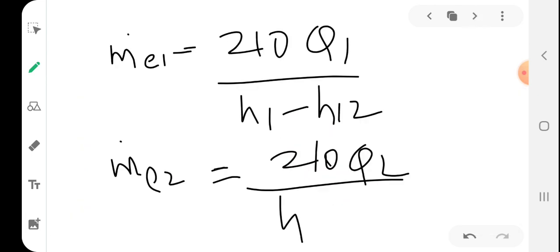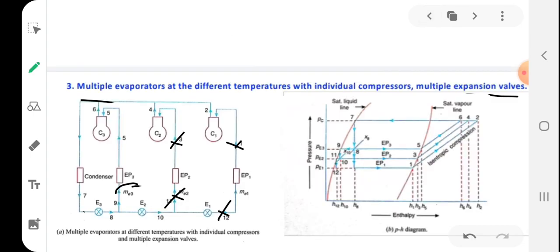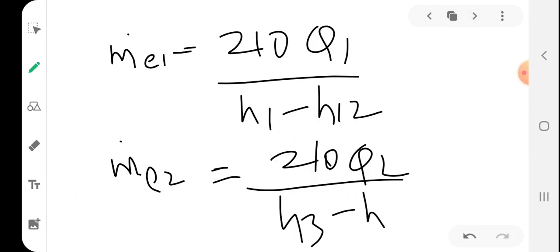This is the point, right? H10 and H3. Okay, H3 minus H10.